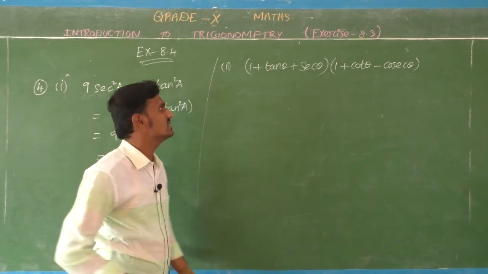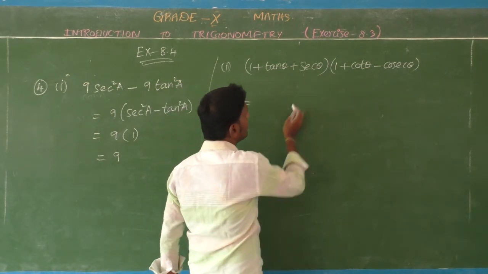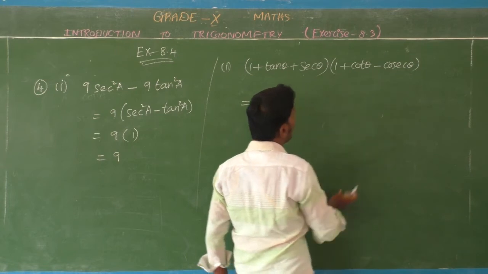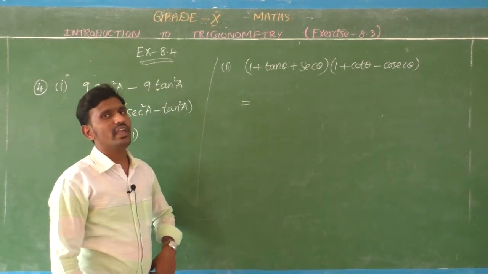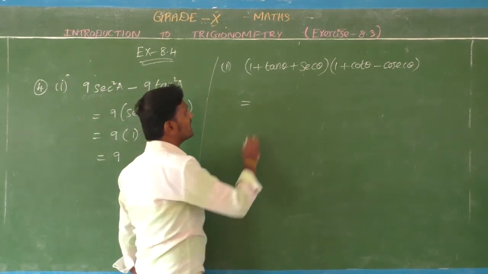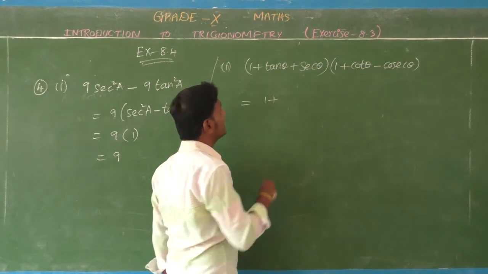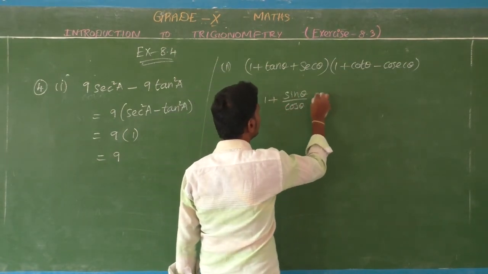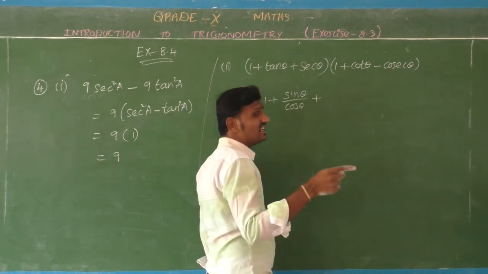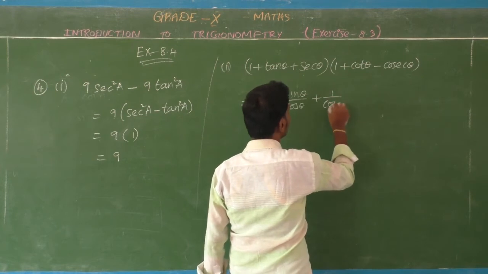Now take this: 1 plus tan theta plus secant theta into 1 plus cot theta minus cosecant theta. Now I am going to take the ratio for tan theta. Do you know what is the ratio for tan? Sin by cos. So sin theta by cos theta plus secant theta, which is the reciprocal of cos theta, 1 by cos theta.